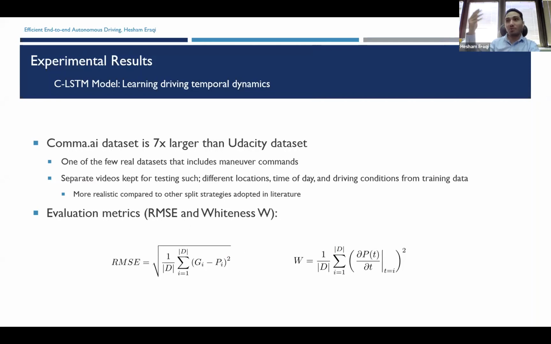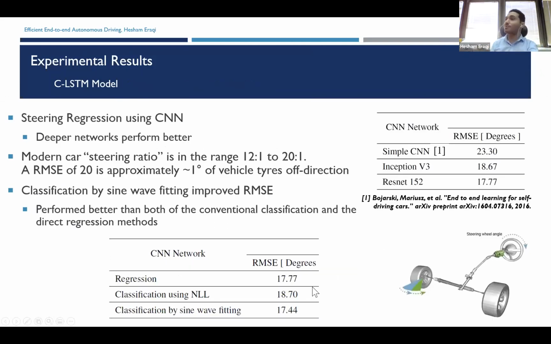The CLSM model is tested on the AI dataset, and we test the accuracy by the root mean square error between the predicted value of the driving commands and the ground truth. And we introduced the whiteness metric, which measures how stable the predictions are.